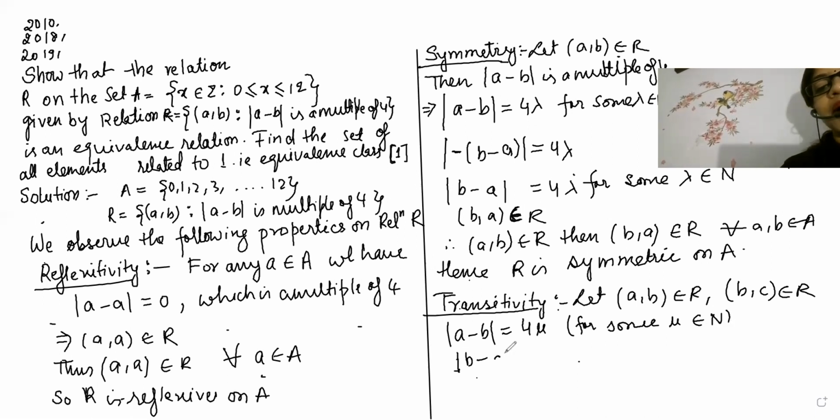And then b minus c is equal to 4m for some m belonging to the set of natural numbers.